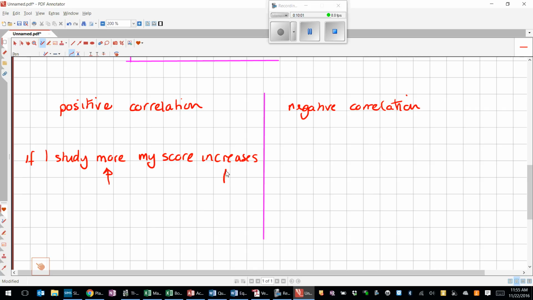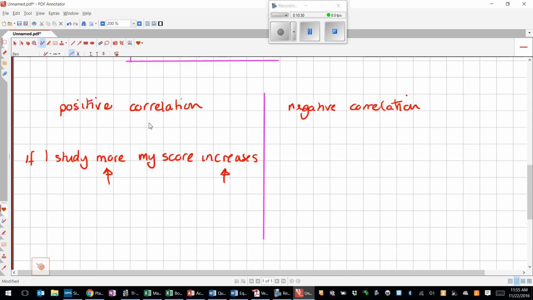What Ray said, like the last one I studied, is that also positive? Well, what I said was, the first mistake she made was, if I study more, my score increases, and that's a positive correlation. But Zoe then says, if I study less, my score decreases. Which is the same thing. Yes, it's the same thing.